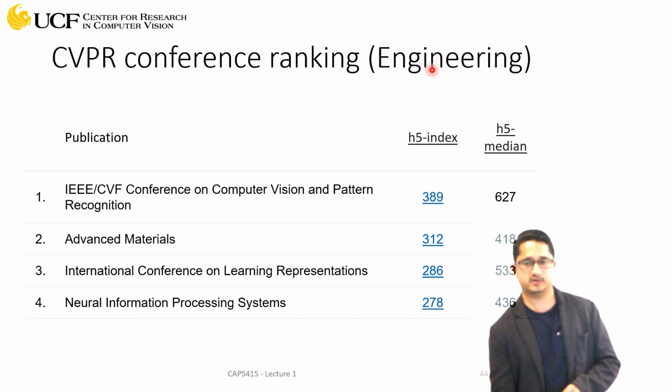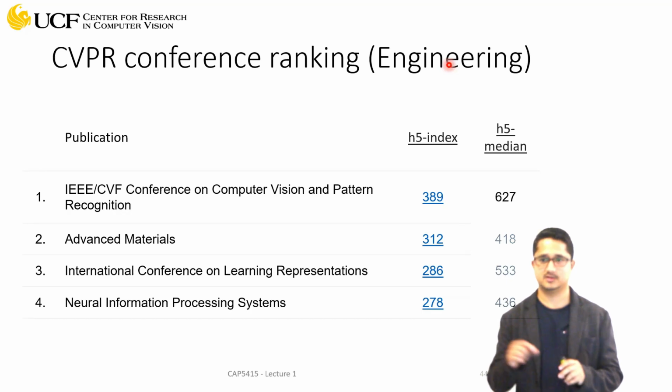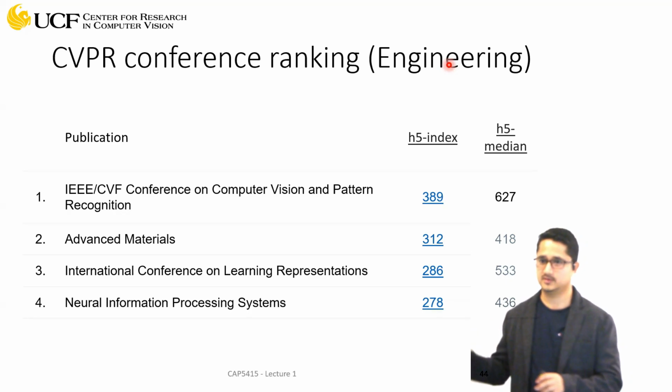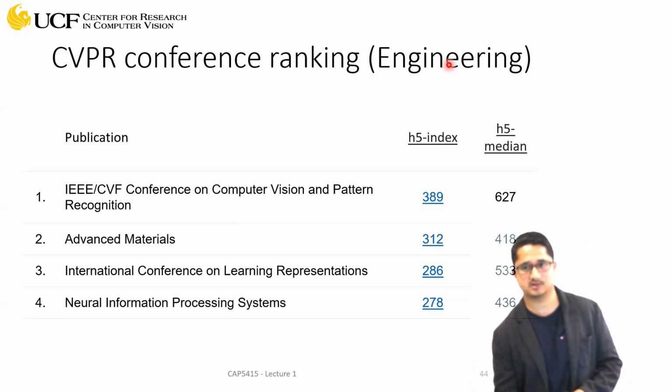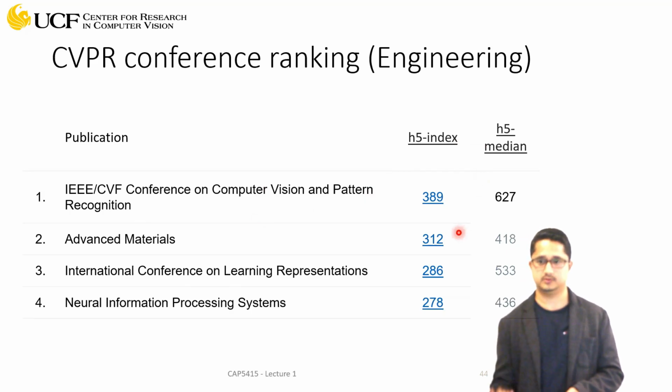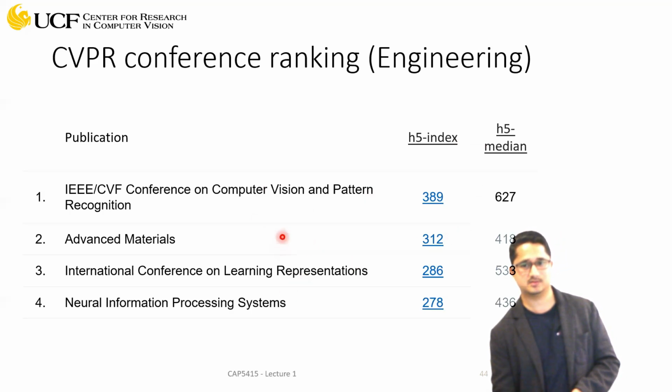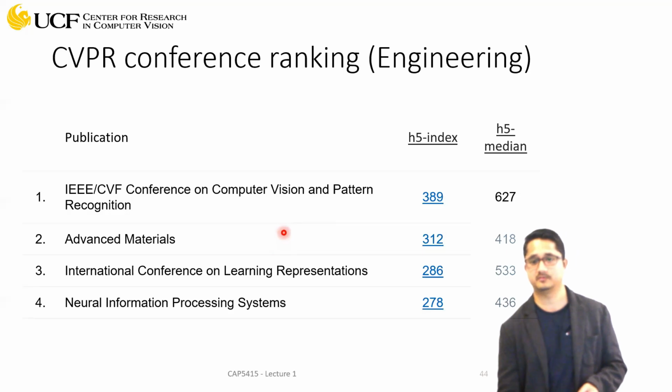If we look at all the engineering areas, not just computer science or computer vision, everything covered under the umbrella of engineering, then CVPR is top ranked among all of those. This also covers advanced materials, which is a very important topic.